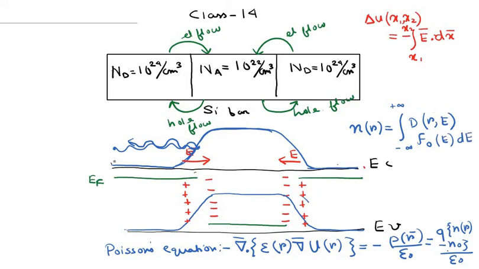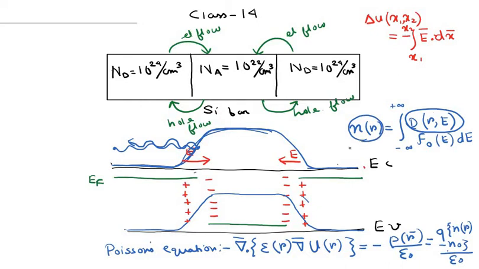If we know this band profile, then we also know this density of states. To know this density of states at point R and at energy E, we need to know this band profile over here. So if we have this band profile, then we can readily compute this N(R).